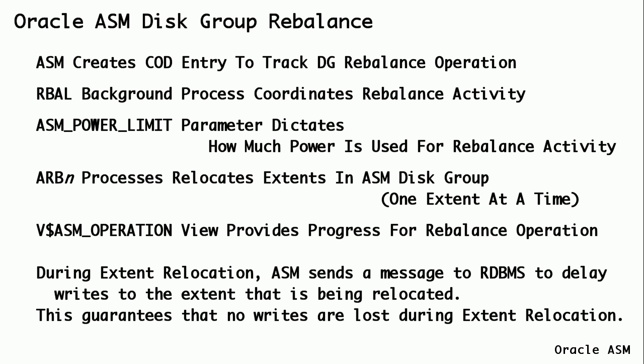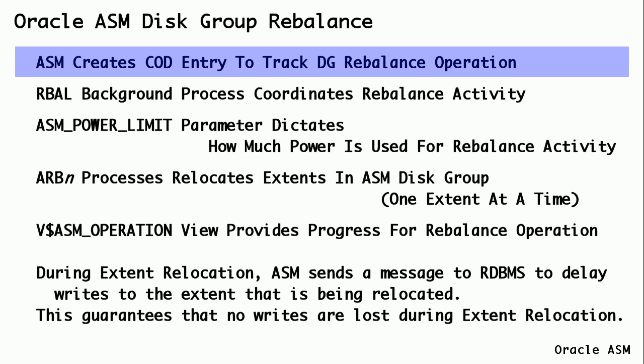It is strongly suggested to have same-size disks assigned to ASM disk groups to get optimal load balancing. Disk group rebalance is an online operation, meaning databases can remain online during the rebalance operation. ASM creates an entry in the continuing operations directory to track the rebalance operation before starting the Oracle ASM disk group rebalance operation.